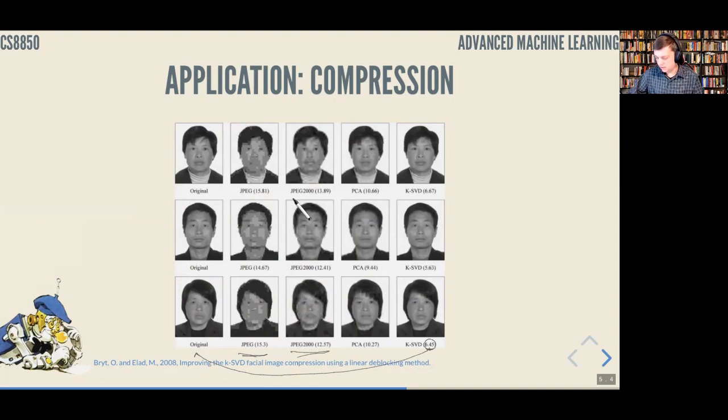All of those methods, JPEG, JPEG 2000, PCA, give the same compression ratio, but the reconstruction looks quite different. JPEG tries to be universal for all images. Look how much better PCA is, because PCA was trained on this kind of data. PCA created eigenfaces, specific bases for that particular data.